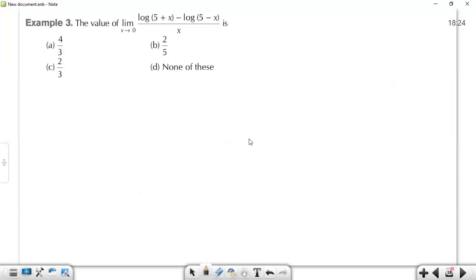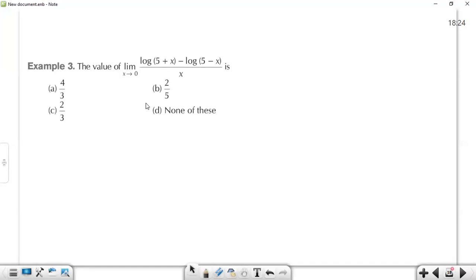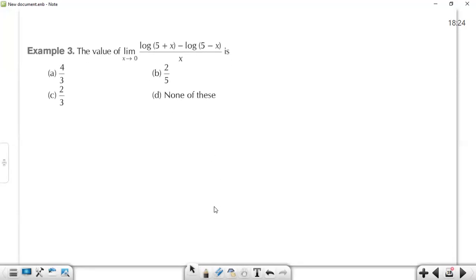So here we have an example, a question in front of us, and we can solve this question by first of all substituting. When we substitute x as 0, it will be log 5 minus log 5 upon 0.